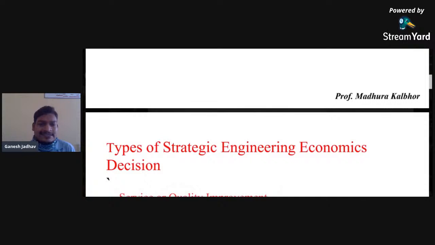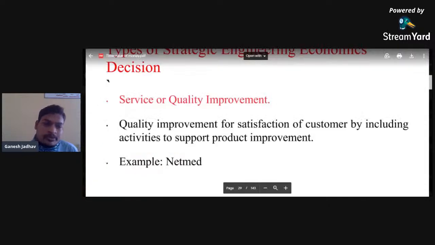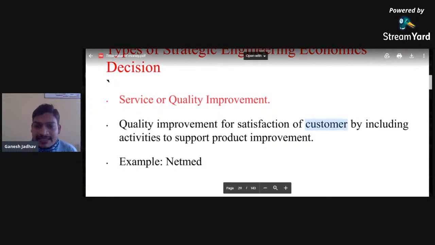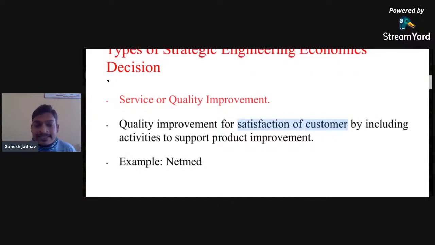Then service or quality improvement. This is also one of the strategies. When the service is good or the quality is the best, the clients automatically interact with you. So the quality improvement is the satisfaction of the customer. This is important: satisfaction of the customer.